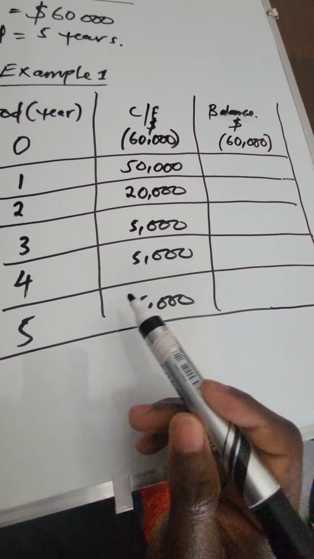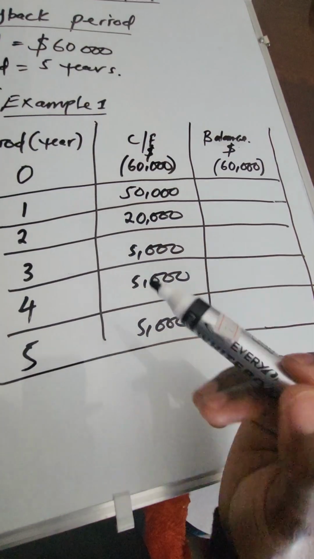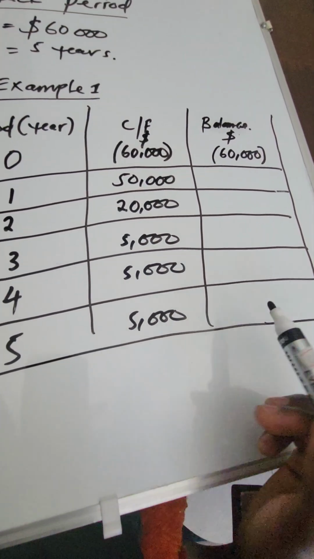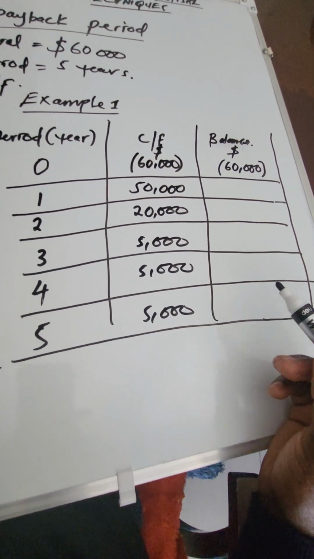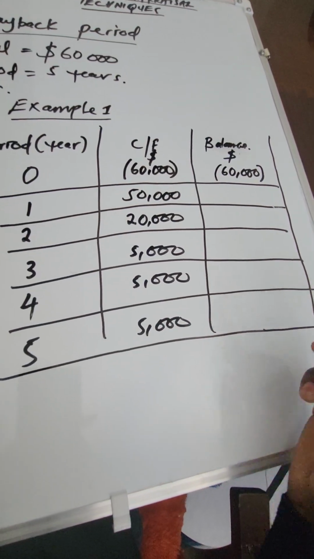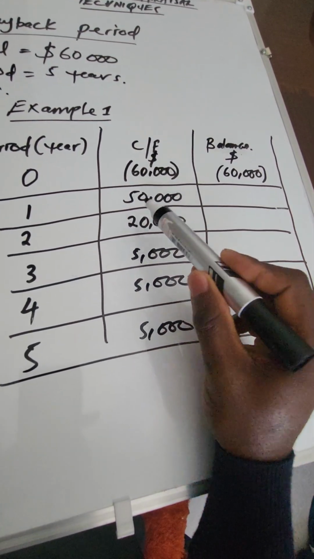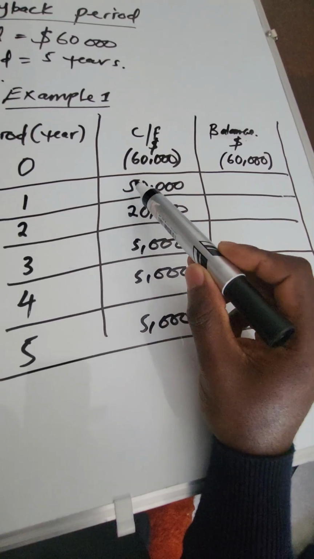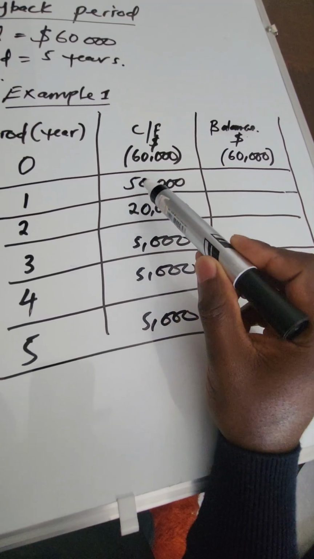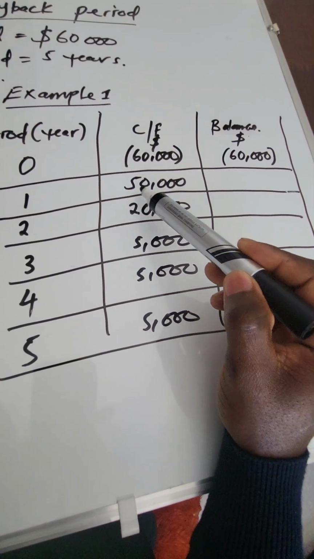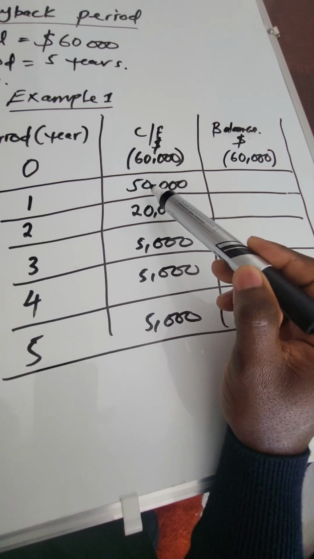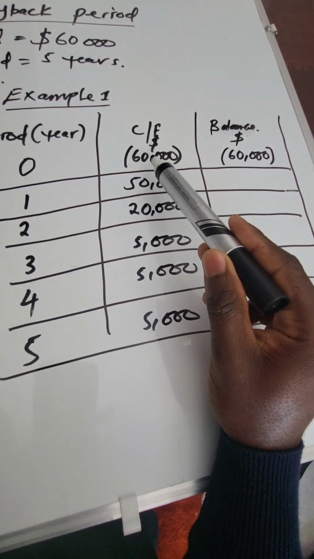Okay, so now at this point, what we want to do is, having been given these cash flows, we are now going to go to year 1, right? So year 1, the business generated 50,000, okay, from the 60 that we injected.